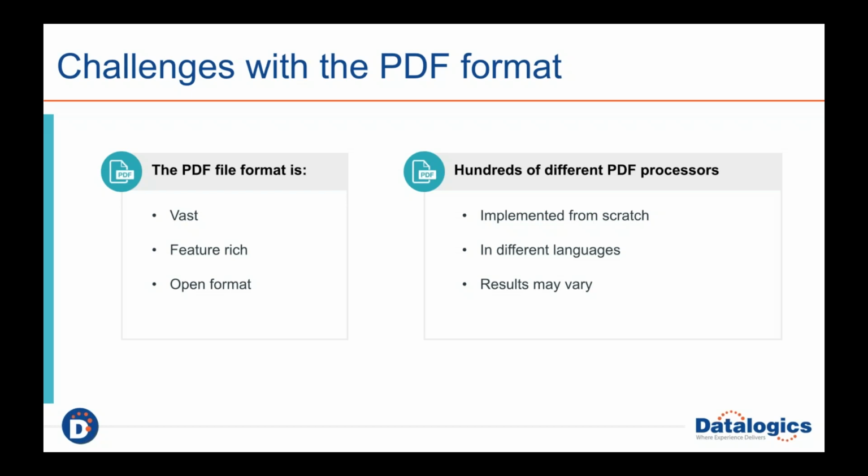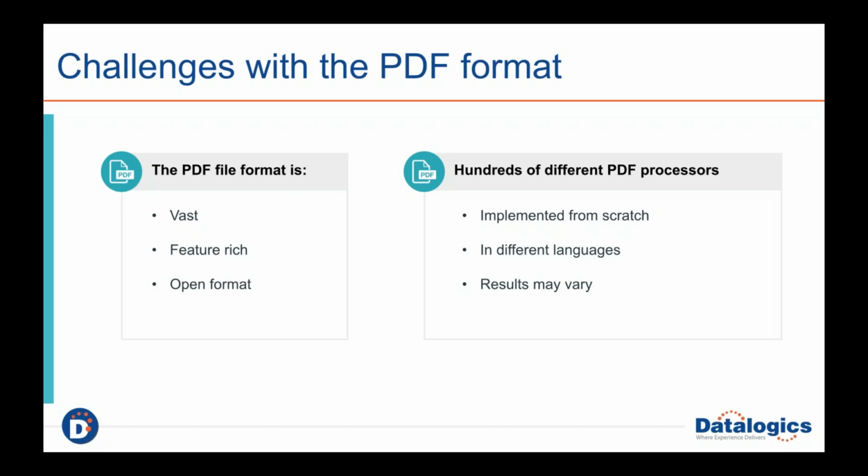There exist today hundreds, if not thousands, of different PDF processors, and many of them have been written at different points in history. Some have been spawned off from one another. Some have been written from scratch in different languages. So it's easy to see how your results may vary as you go from one piece of PDF software to another.